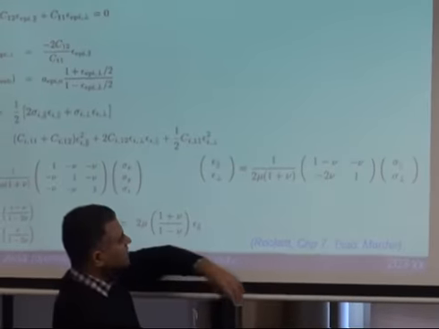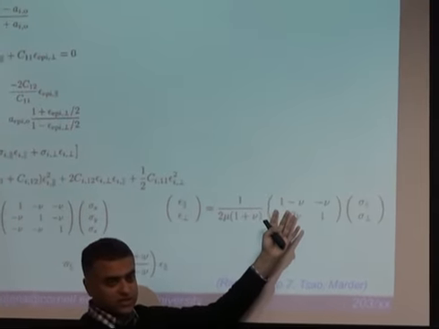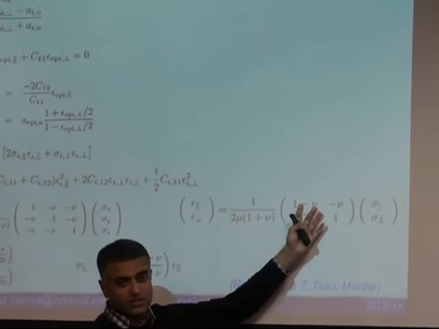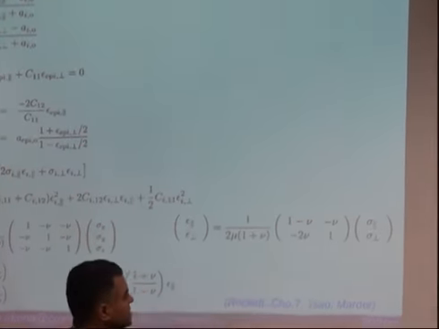The strains are equal to stresses now, times the matrix coefficient term, right? And clearly this is some combination of the C12, C11s, and C44. Actually, this is a combination, and nu is now the Poisson ratio.